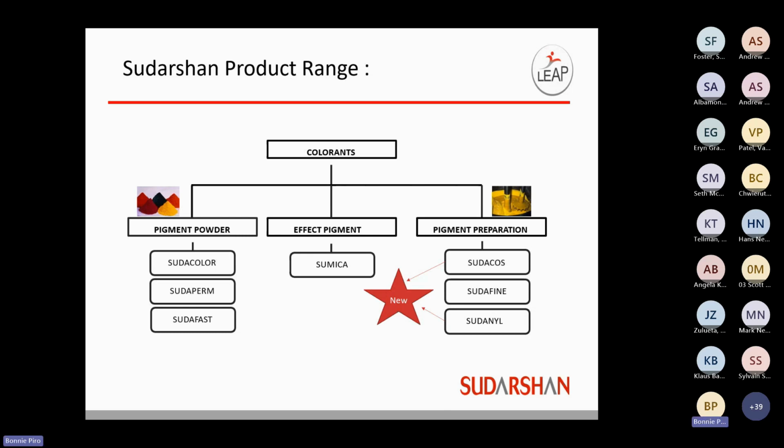We also have lines for pigment preparations. These are typically more regional in nature, but we do have a few new lines that we've developed fairly recently that can lend the color needed in certain areas across the regions.